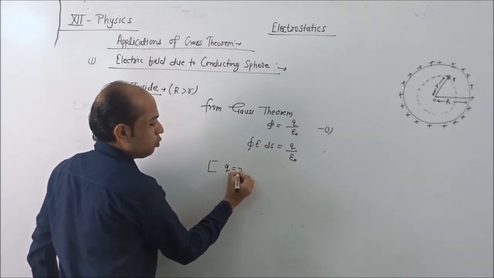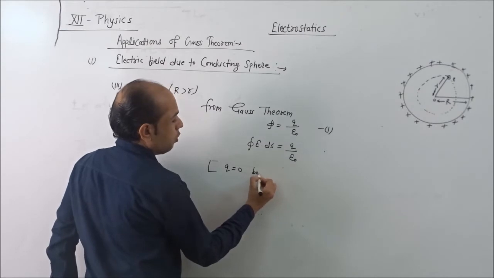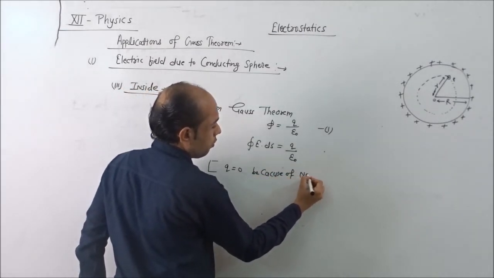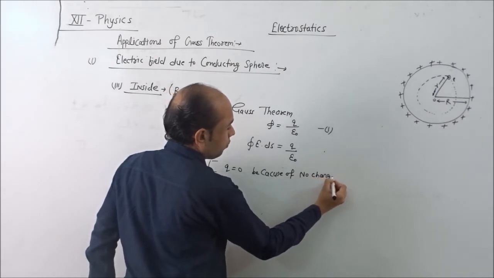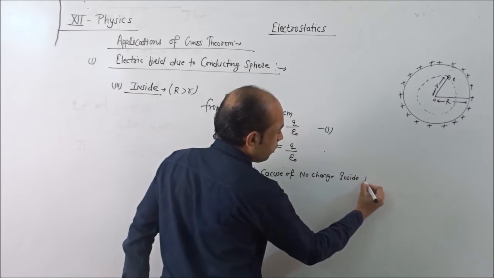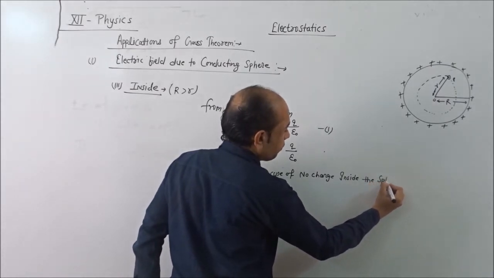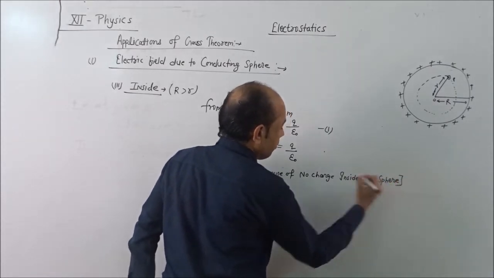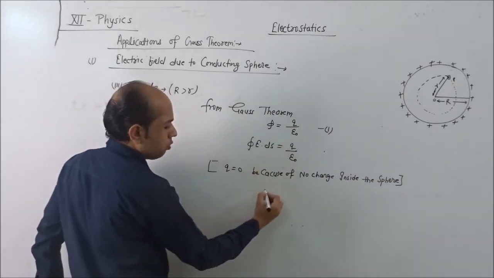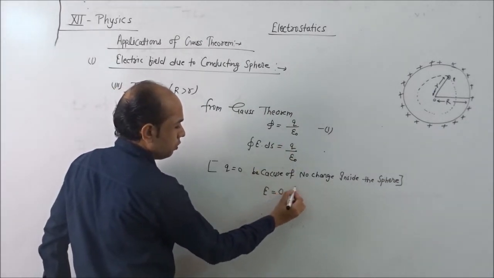So q is equal to 0 because of no charge inside the sphere. That is why if you put q equal to 0, E is equal to 0.